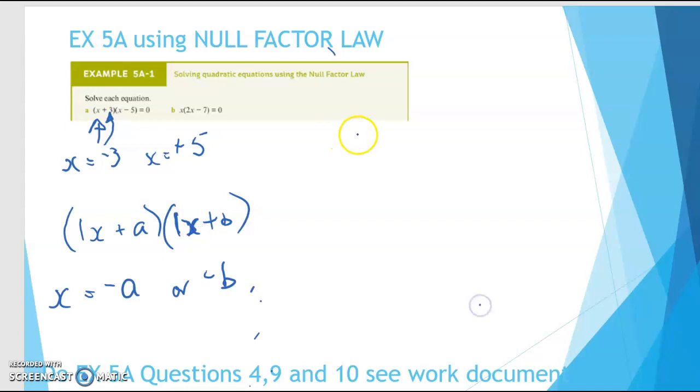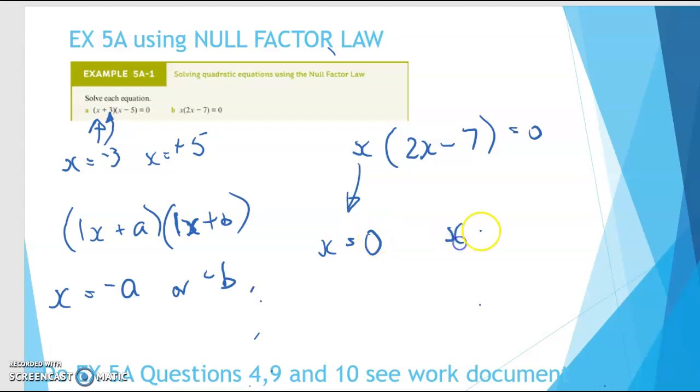However, when we look at this one, we have x brackets 2x minus 7. Always remember that here x equals 0 because we don't have an a or b. And here's the interesting one. The x for this one is, just like before, the opposite of minus 7, which is plus 7, but we need to divide it by 2, and that gives us our positive 3.5.